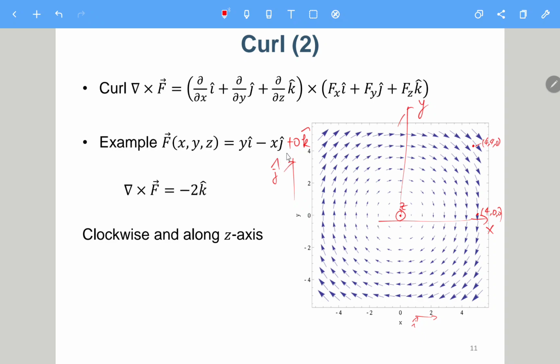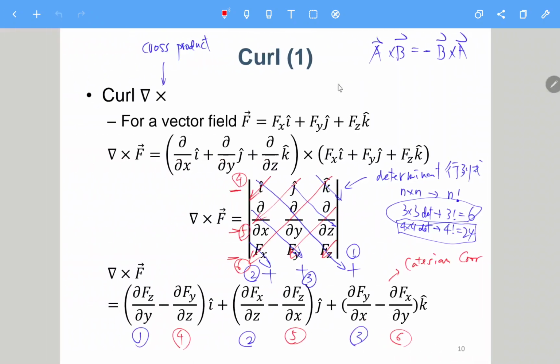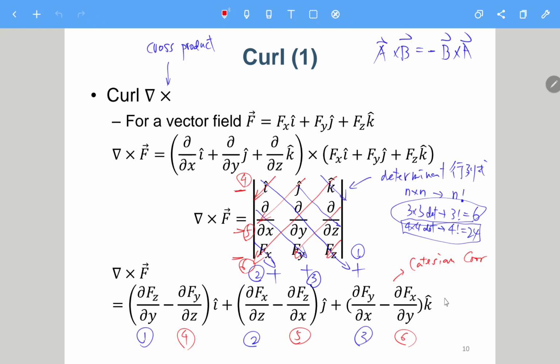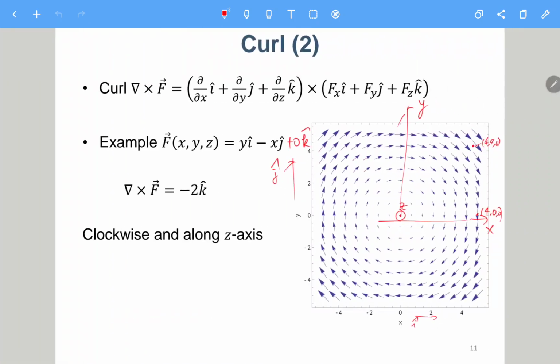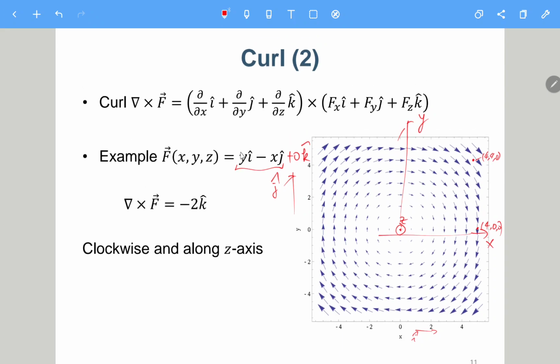Here we plug this expression into the curl formula, and then we find that curl of F is negative 2k. You can see here for the i term, this is F_x partial y.